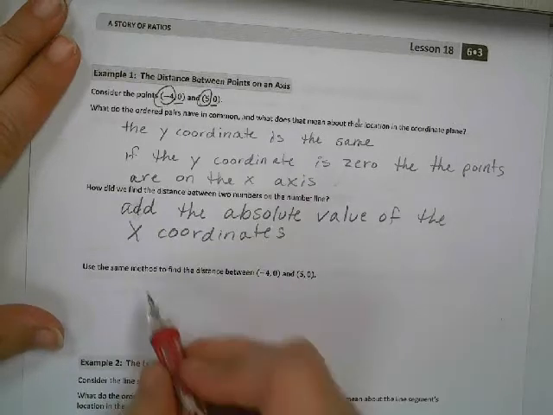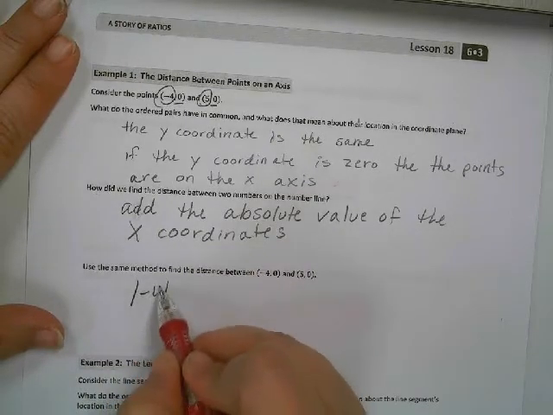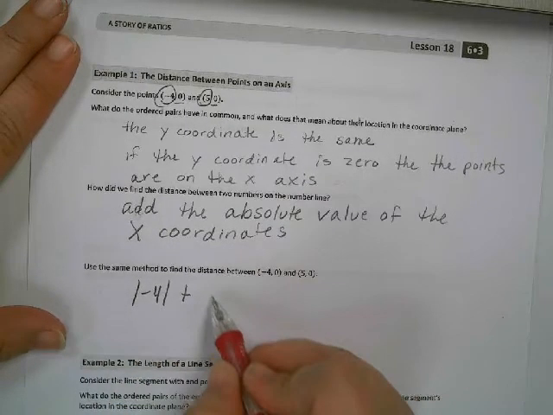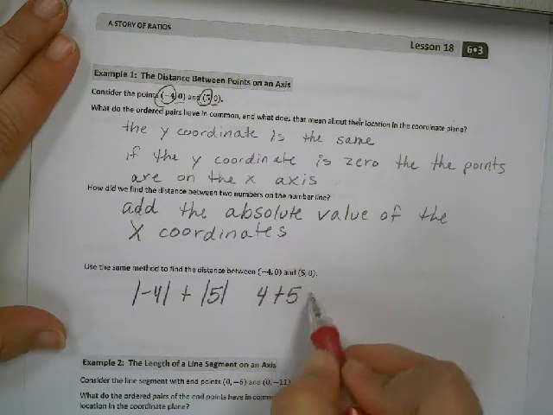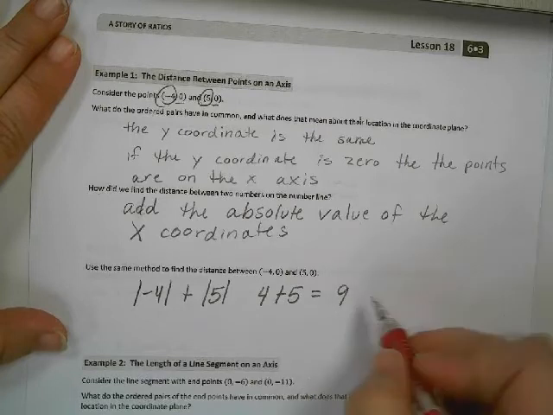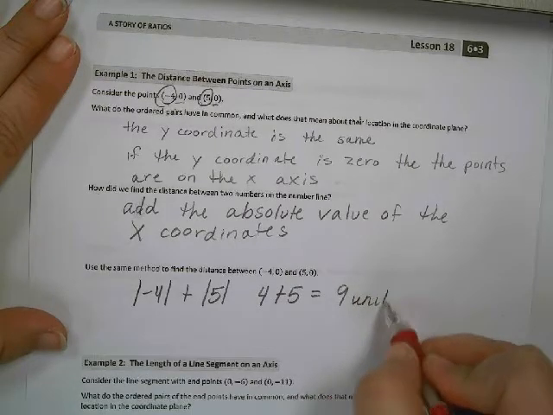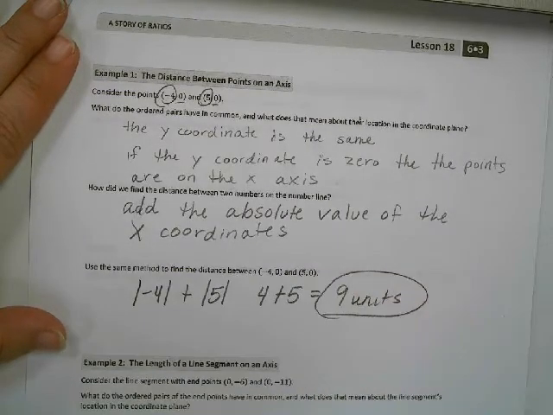So we're going to do that now. The absolute value of -4 plus the absolute value of 5. So that's 4 plus 5, which equals 9. And remember, I put units. So the distance is 9 units.